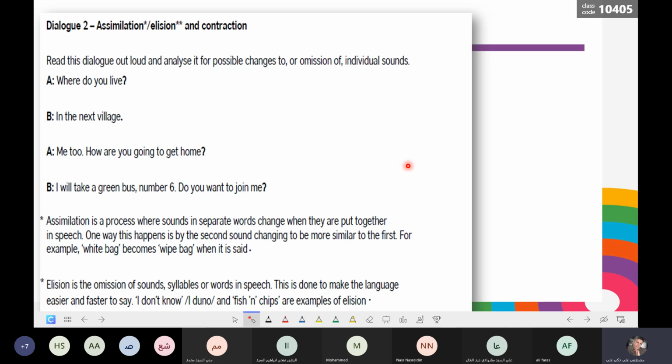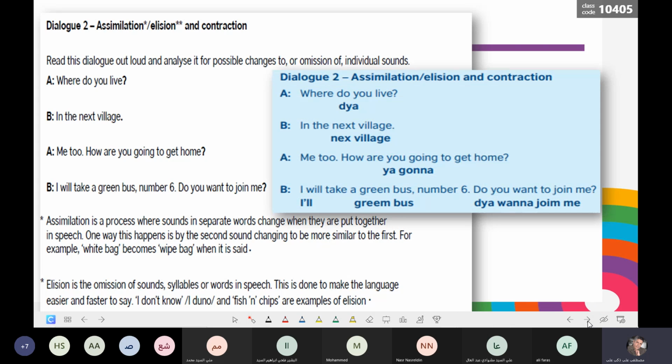Right. Let's go back to our practice. So we have a dialogue here, and we think about which word is assimilated, or is there elision here, or a contraction. Okay. Let's look at the answer here.